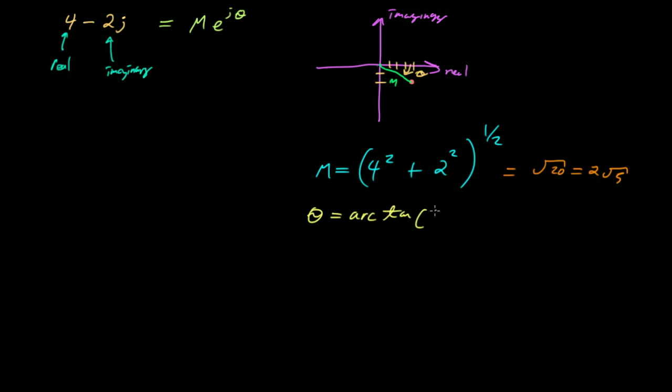So if I have minus 2, that's my imaginary part, divided by 4, right? My negative 2 is my opposite side, my 4 is my adjacent side, so I'm taking the arctangent of my opposite over adjacent. That'll give me my angle. This is pretty much the same exact thing we had in the last problem.